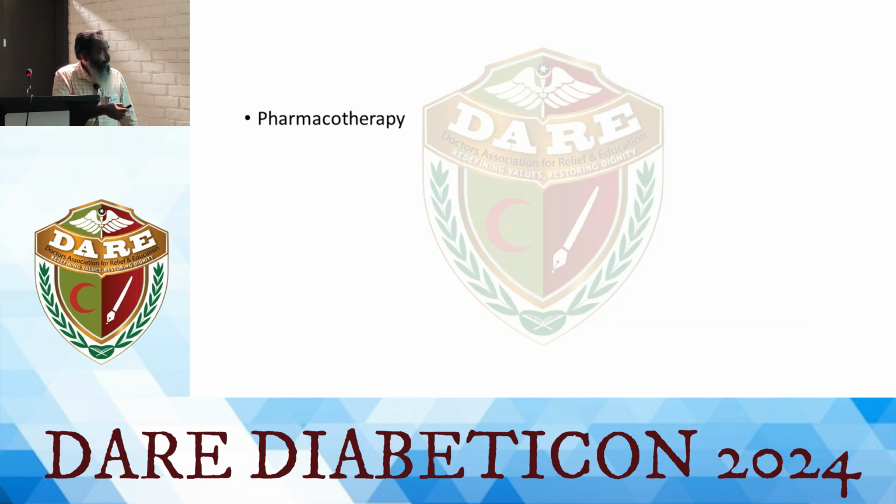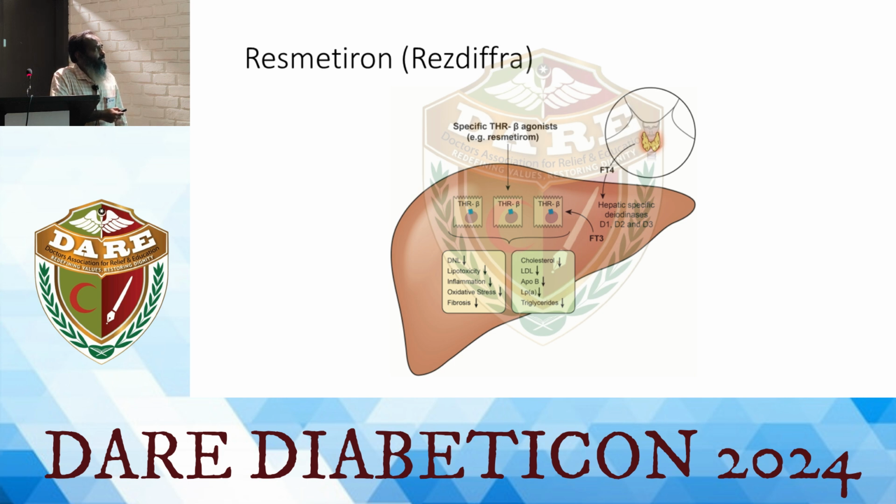Coming to the pharmacotherapy, there are many drugs, but in the proven phase 3 trials recently, there is this drug by name resmetirom, which is a thyroid hormone receptor beta agonist. It particularly acts on the beta receptor within the hepatocytes, and it causes lipolysis.